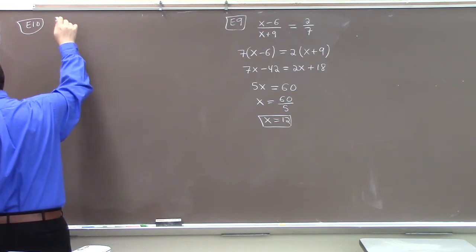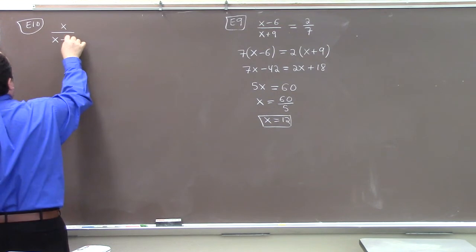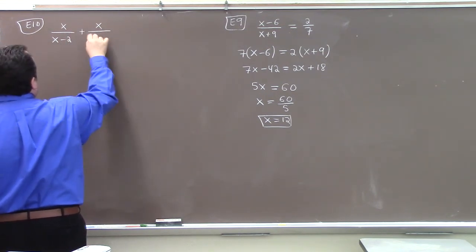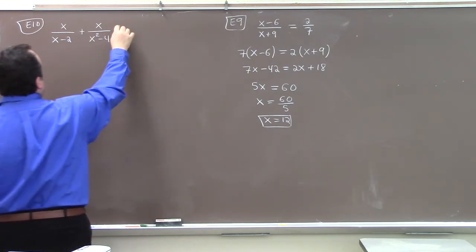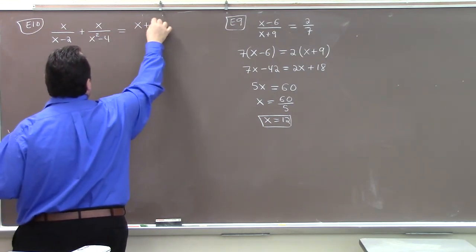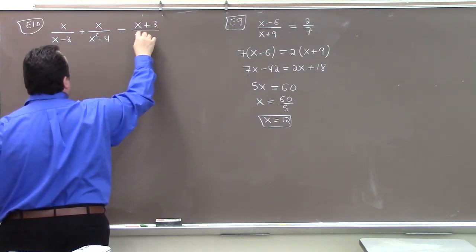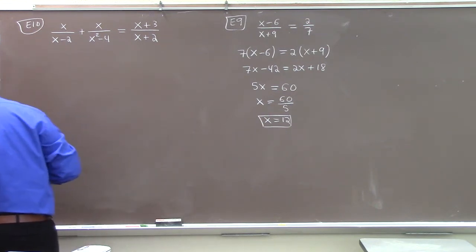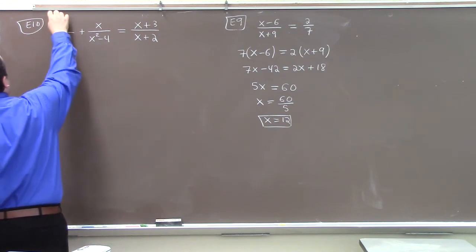Here we have x over x minus 2 plus x over x squared minus 4 equal to x plus 3 over x plus 2. This is number 25 from section 5.5.